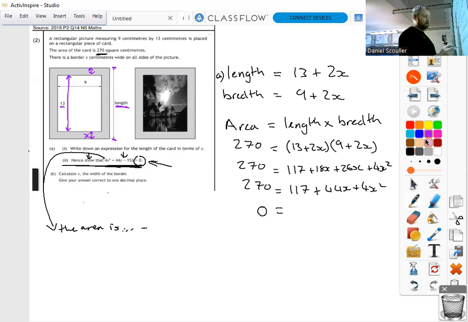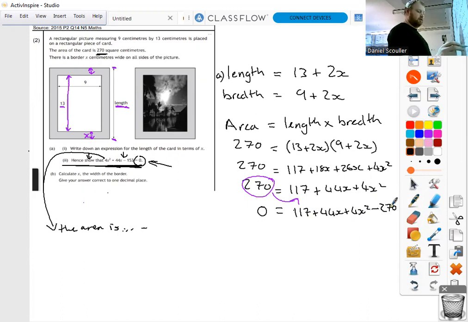We're going to bring over that 270 to this side, and that becomes 117 plus 44x plus 4x squared minus 270.